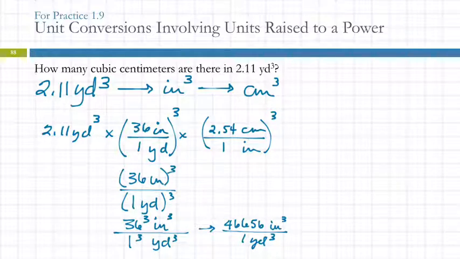Yeah, because it's outside parentheses that are including everything. So it affects everything inside. 2.11 cubic yards, only yard is cubed, not the 2.11. So 2.11 times 36 to the third power times 2.54 to the third power, and I get a really messy number.